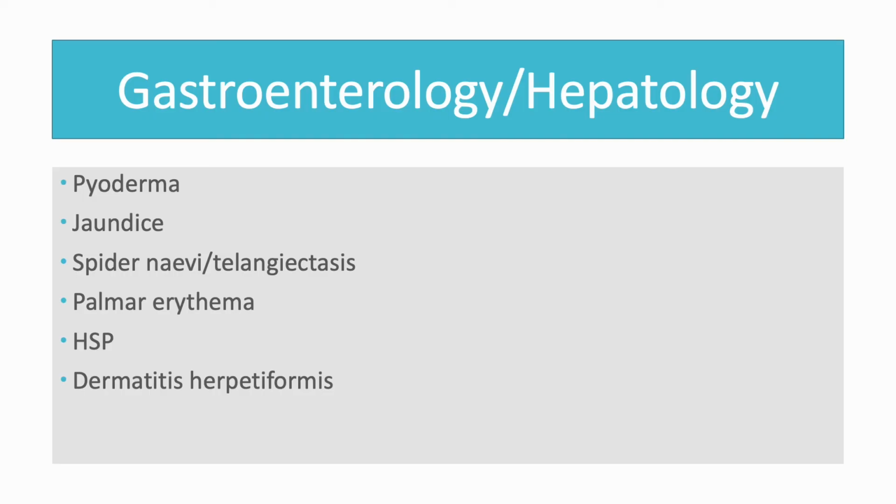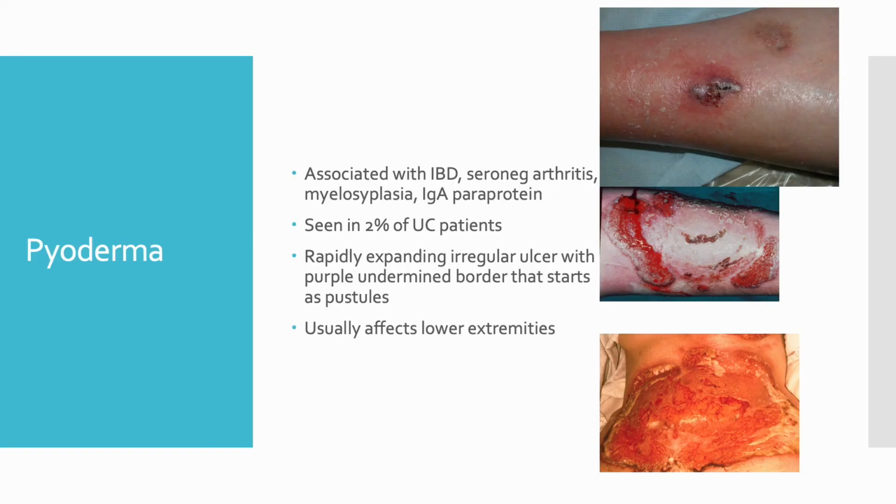We'll see palmar erythema with liver disease. Henoch-Schönlein purpura is actually a small vessel vasculitis, but this often occurs in the gut, producing gut and skin symptoms. Dermatitis herpetiformis is an immunobullous disorder which is always associated with gluten-sensitive enteropathy.